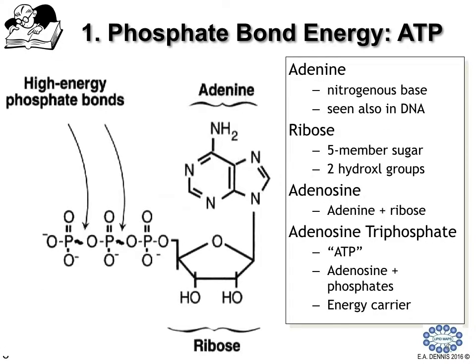Perhaps the simplest form, and the one you're most familiar with, is ATP, which stores its energy as phosphate bonds. So ATP, as you know, is composed of an adenine base on a ribose background, which you've heard a lot about in earlier lectures.